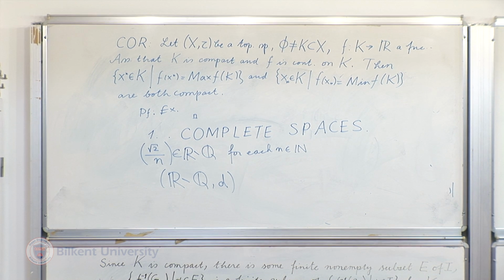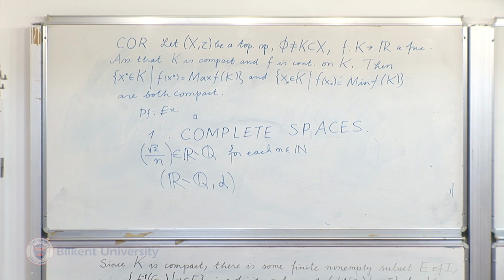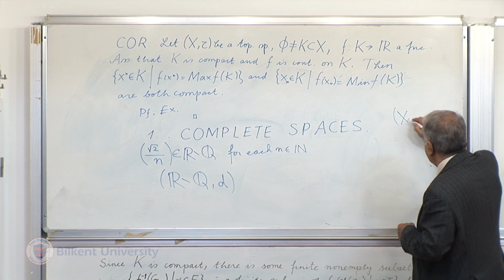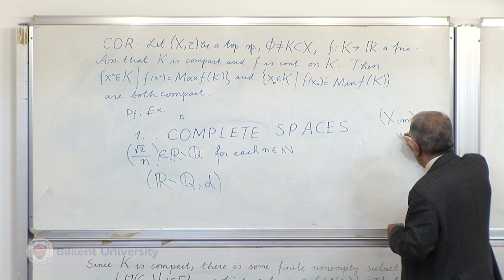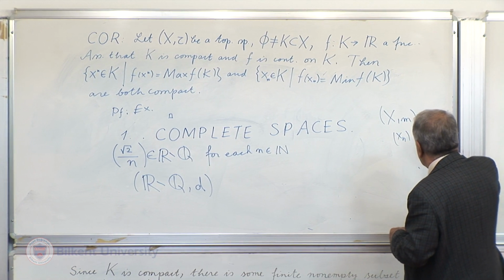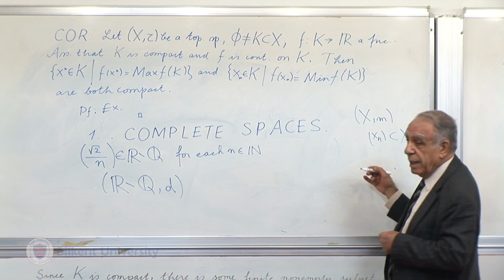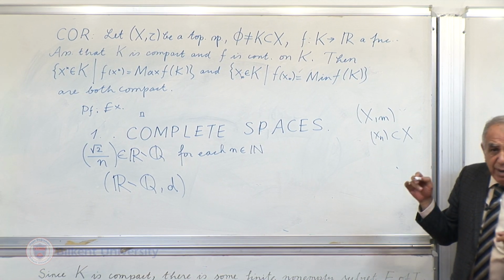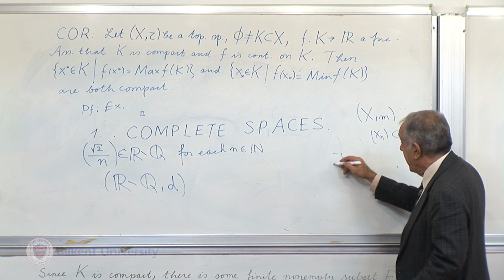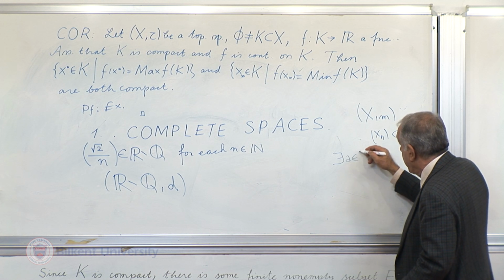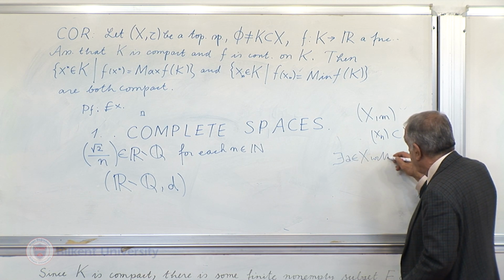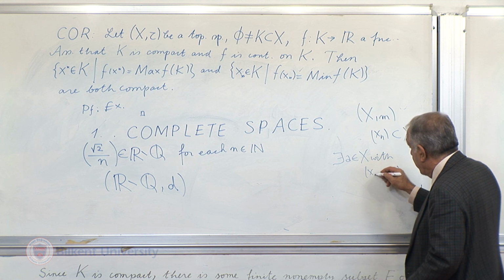No. Let's remember convergence of a sequence in X. If x_n is a sequence in X, it's convergent if and only if there exists some a in X with x_n converging to a.